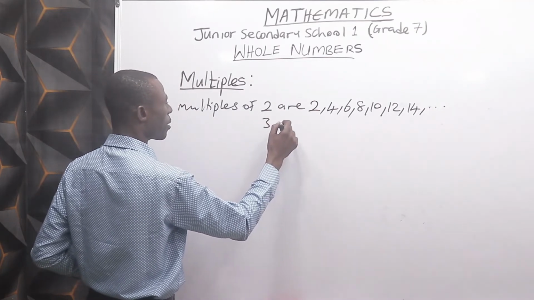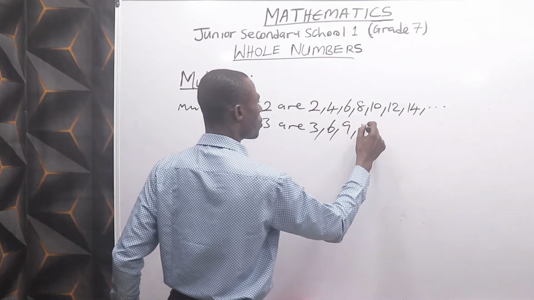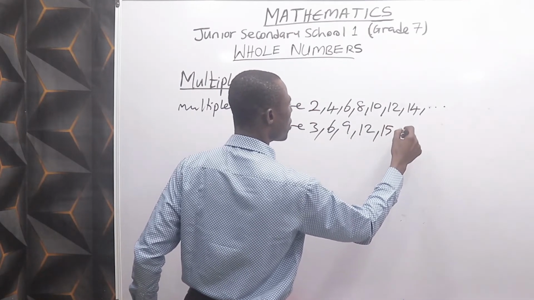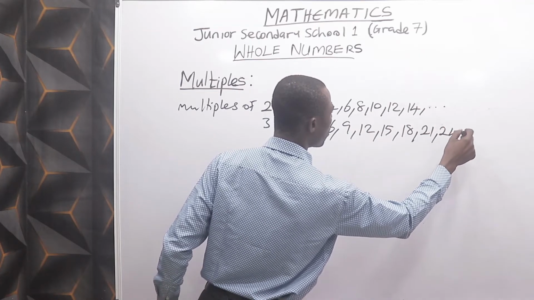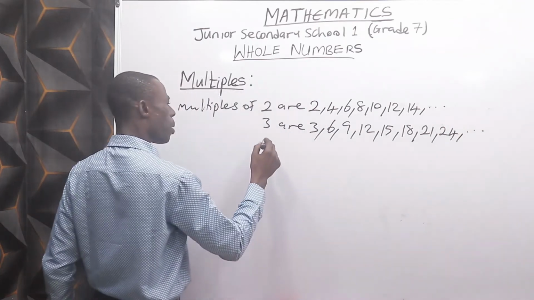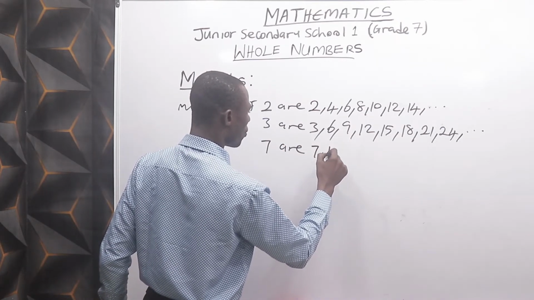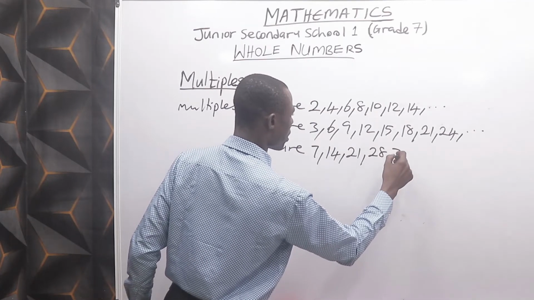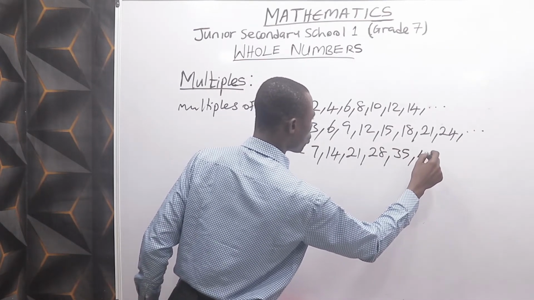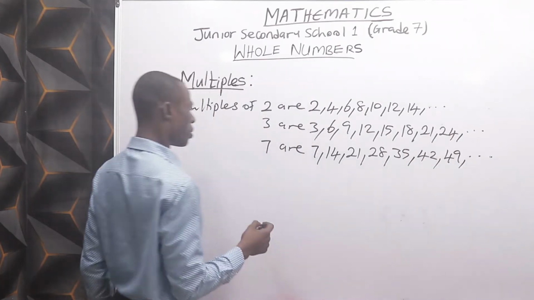Multiples of 3 are 3, 6, 9, 12, 15, 18, 21, 24, and so forth. Multiples of 7 are 7, 14, 21, 28, 35, 42, 49, and so forth.